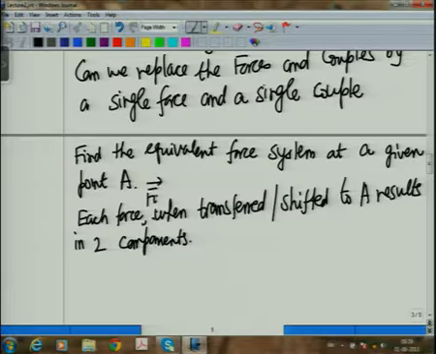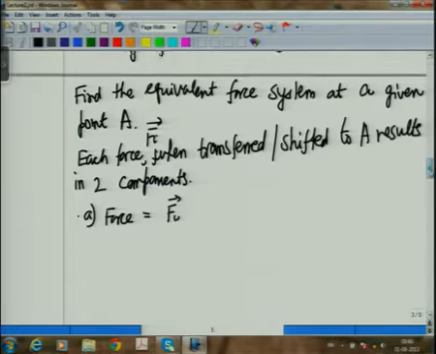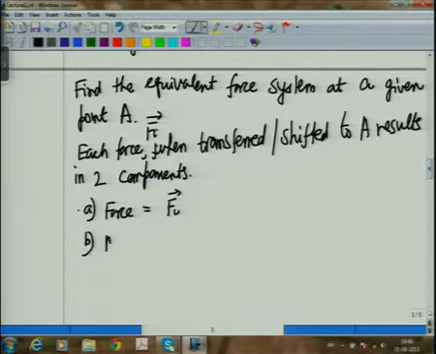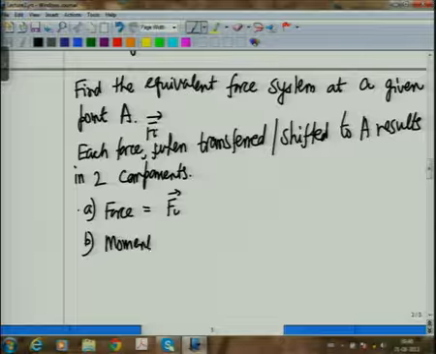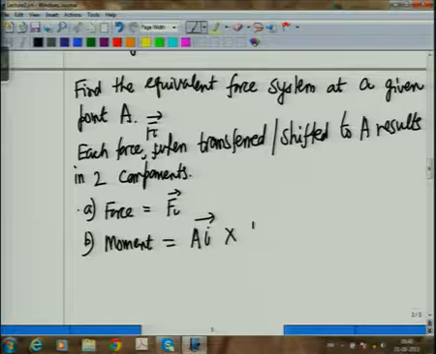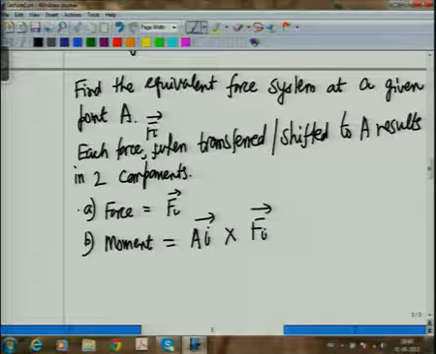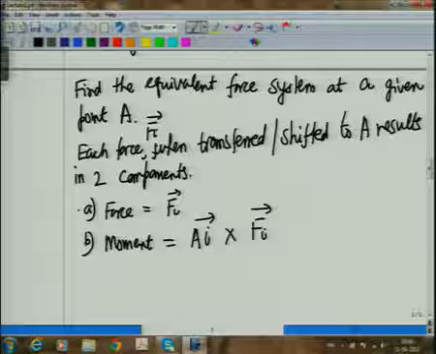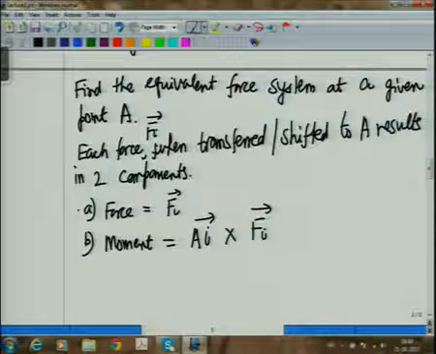Let me say Fi. First component is a force which is equal to Fi, and the second component is a moment which is equal to Ai cross Fi, where Ai is the vector from A to the point i where the force i is at. Is that clear? So we will shift all the forces like this.